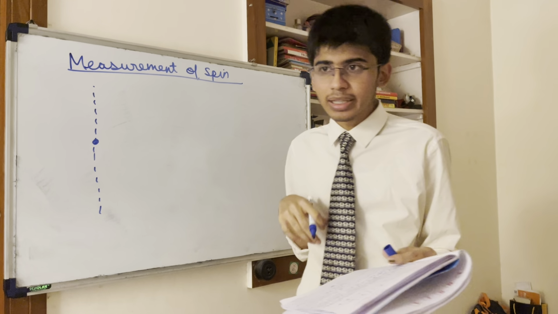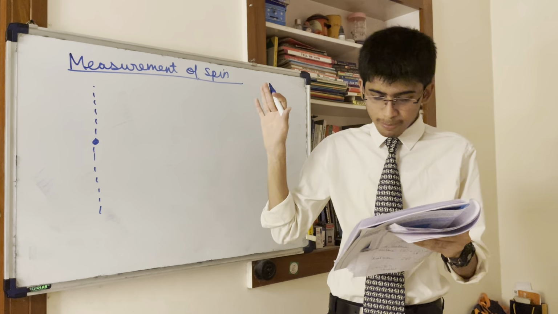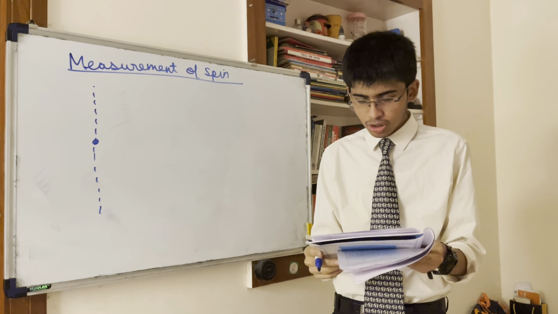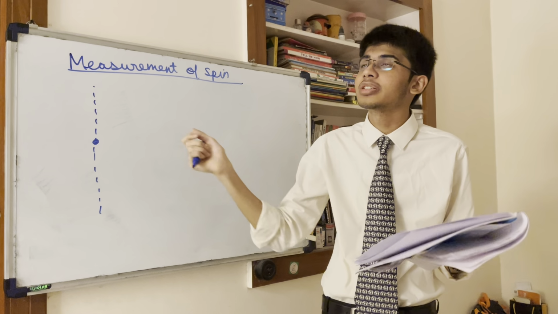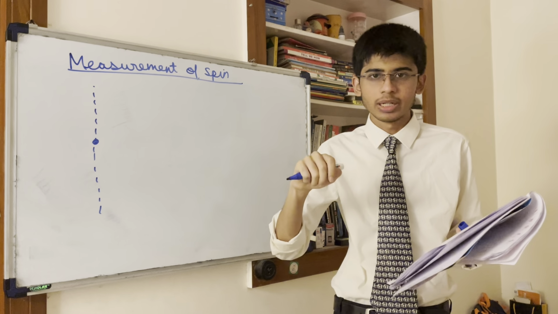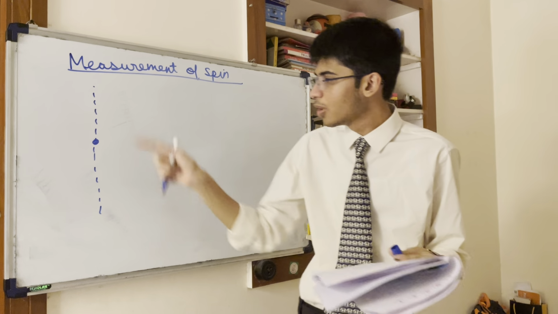When I measure the electron, it can be spin up or spin down. As I said, when I do the experiment, it has to be either spin up or spin down, and that will be with respect to the z-axis.